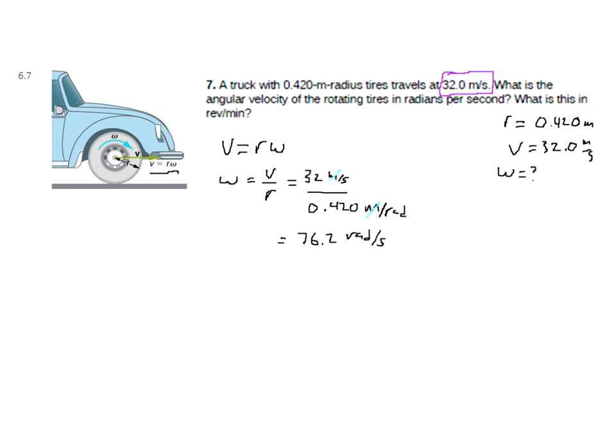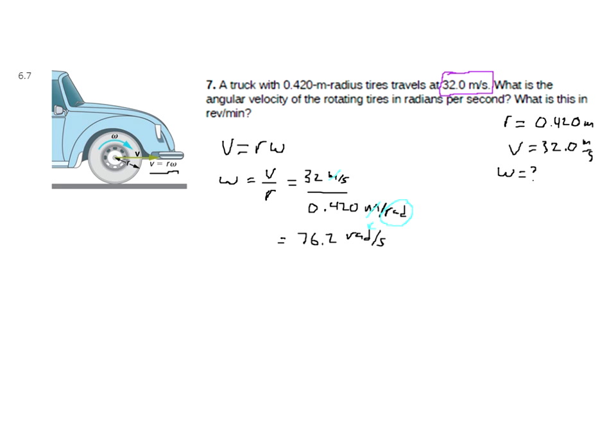If I had not included this in here, and oftentimes books don't, I would have had to just insert that radian, and it would look like I'm making a unit up. That's why I like to think of the radius again as meters per radian. So this is 76 radians per second.